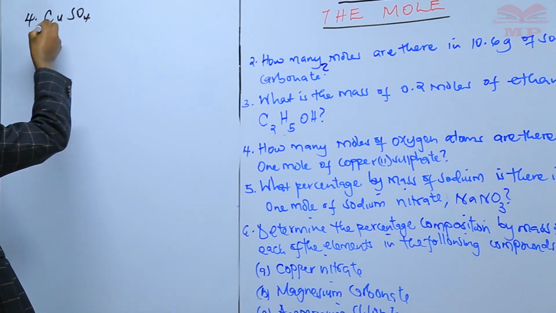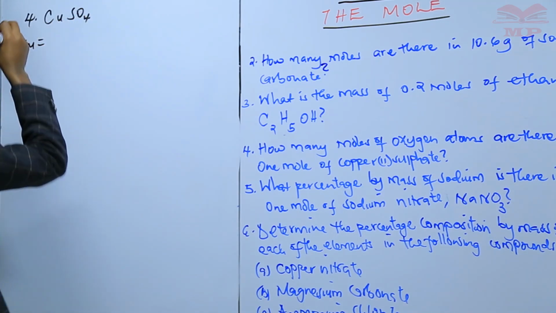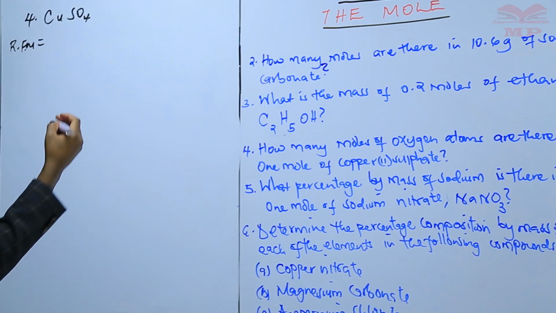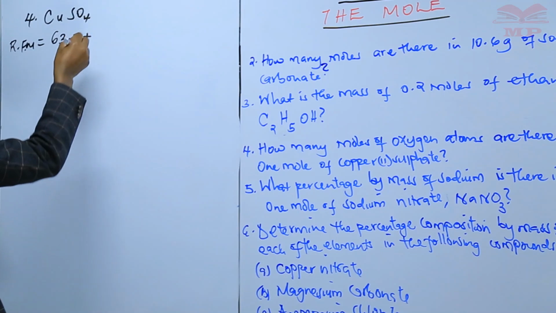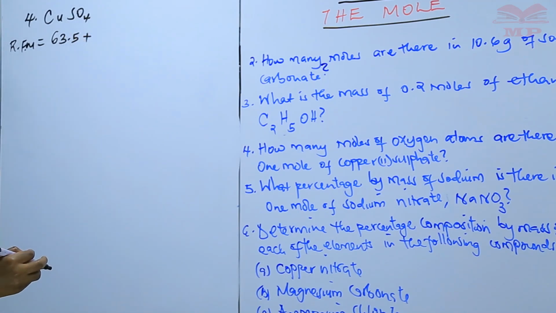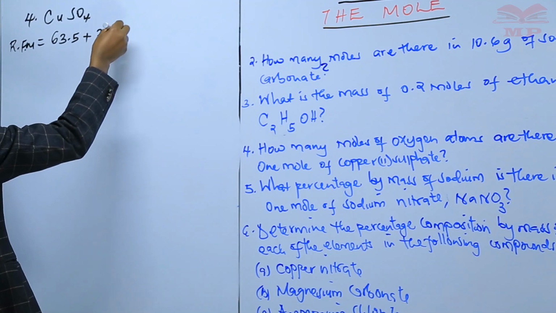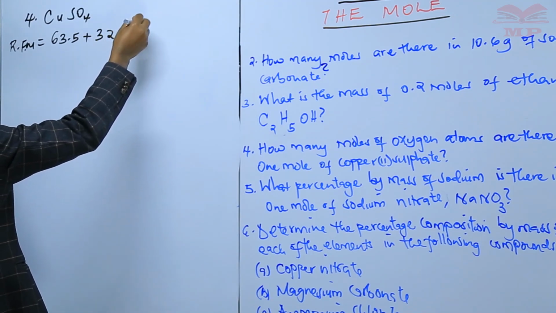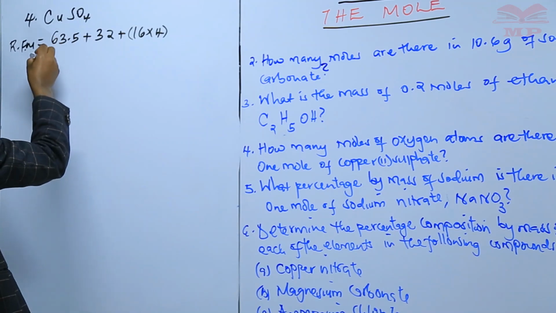Therefore, the RFM, or the relative formula mass, is the mass of copper, which is 63.5, adding the mass of sulfur, which is 32, adding the mass of oxygen, which is 16 times 4 because of the 4 atoms.